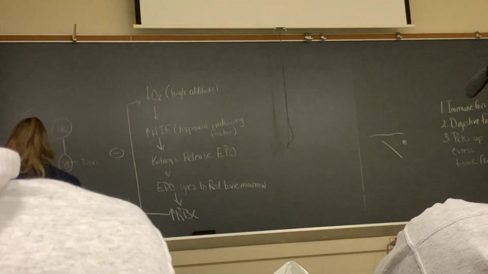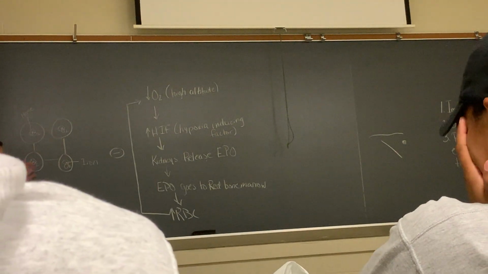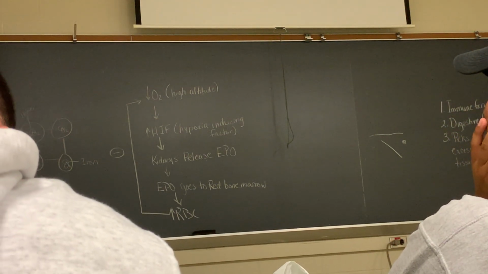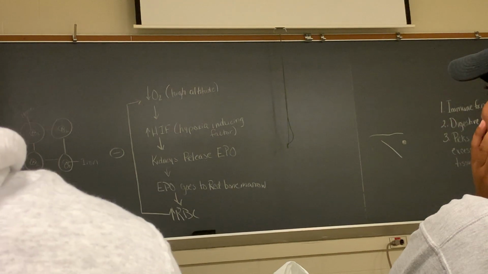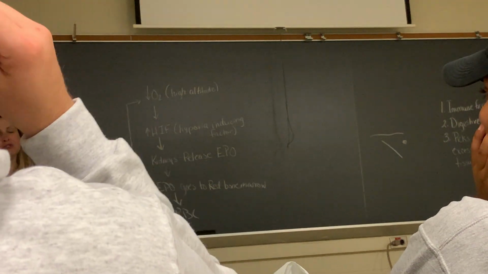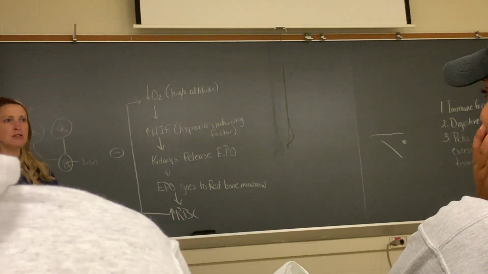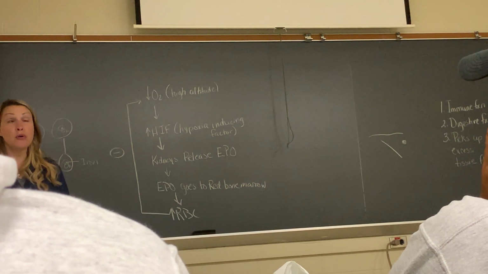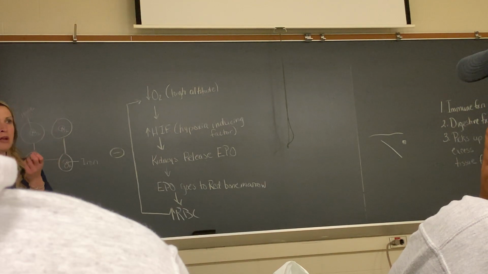But there is one really interesting thing about all of this. You've seen your blood, like if somebody takes your blood. That blood they're taking is venous blood, and it's kind of like a garnet color.